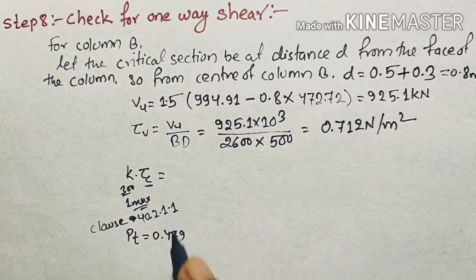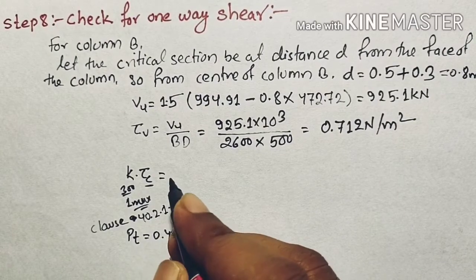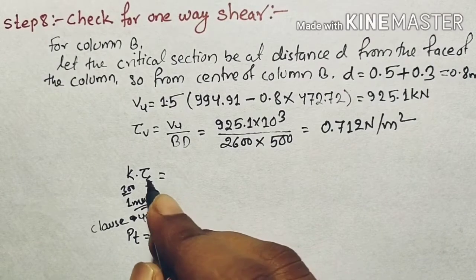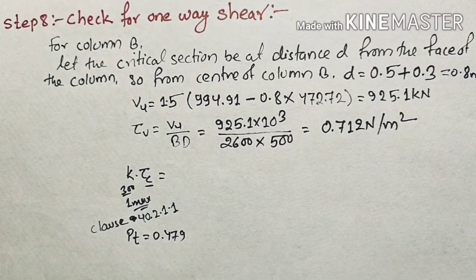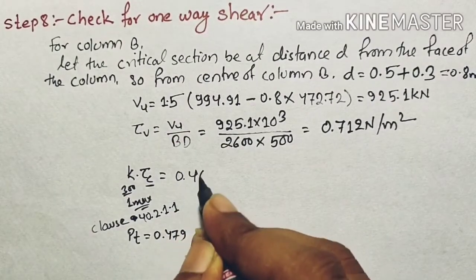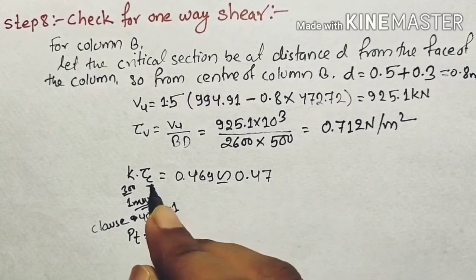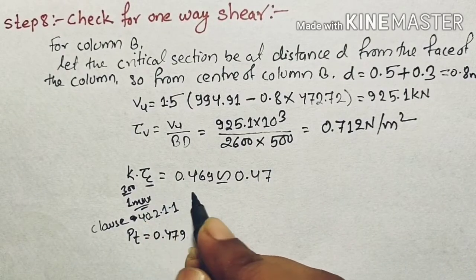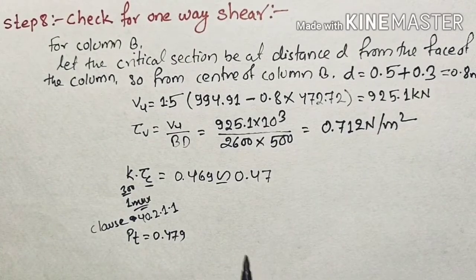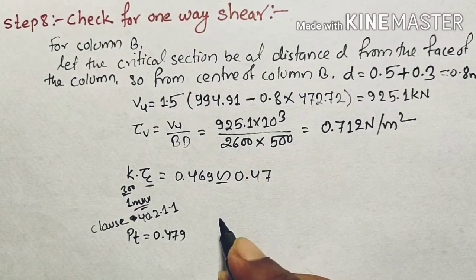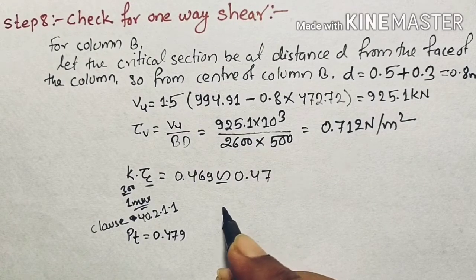From the code table 19, after linear interpolation we will obtain the value of tau c, which will be equal to 0.469, approximately equal to 0.47. You need to do linear interpolation, and if you want to learn linear interpolation, I have dropped a link in the description. You can check it out.